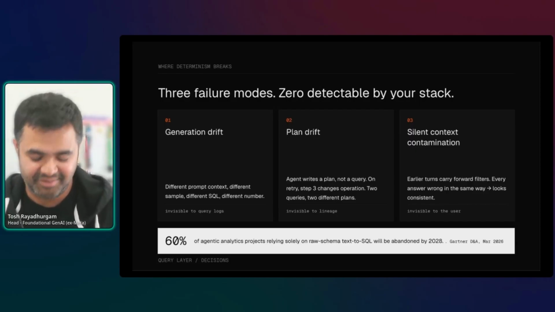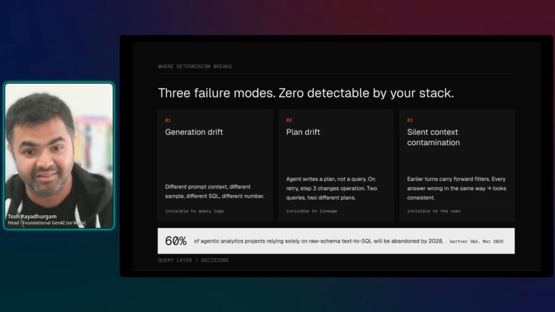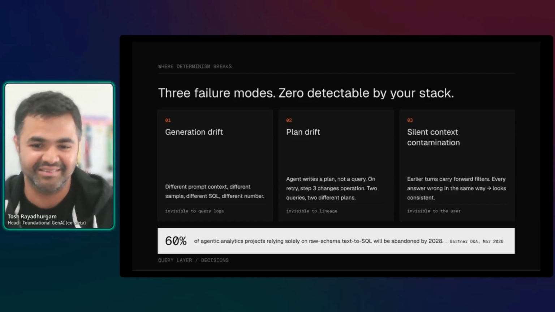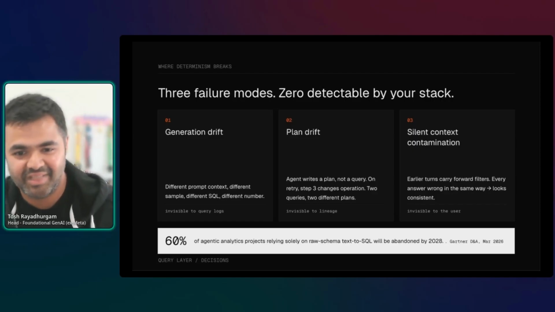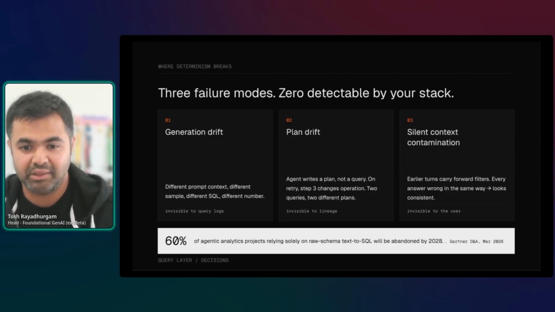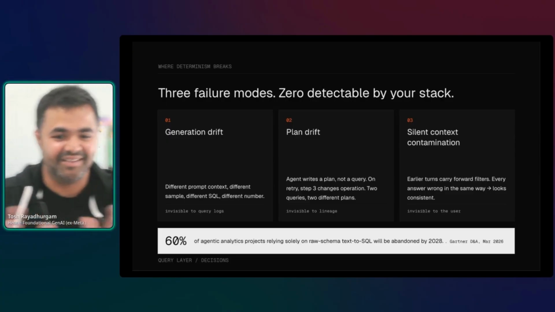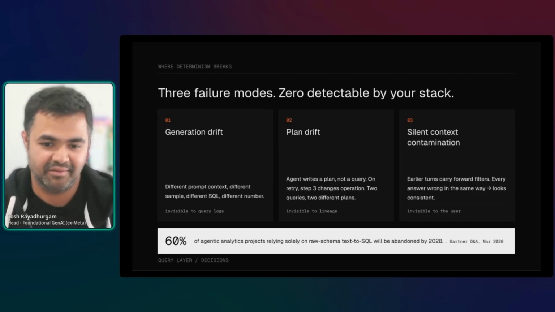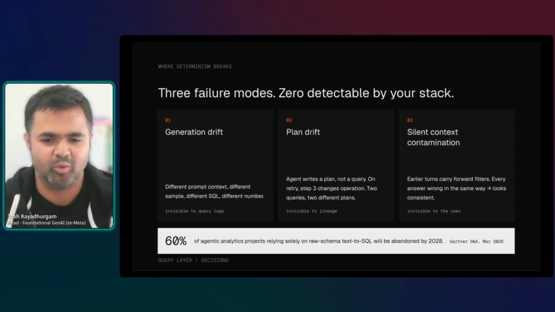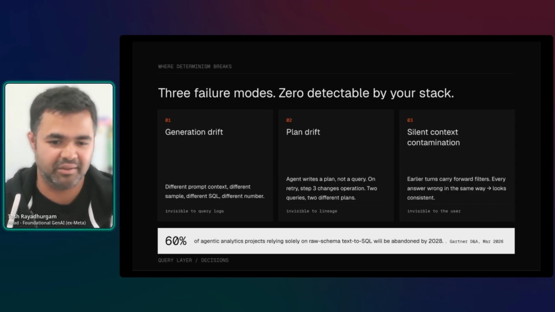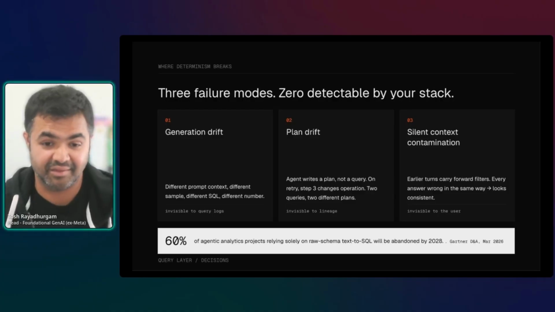So every answer is consistently wrong in the same way. From a user perspective, this can be indistinguishable from being right. I might say that zero of these are detectable by our current stack. And it's not a model quality problem. Models are going to get better. I think this is an architectural problem.